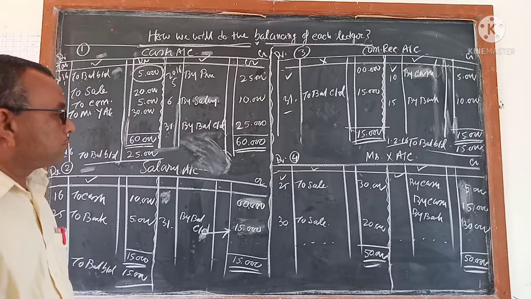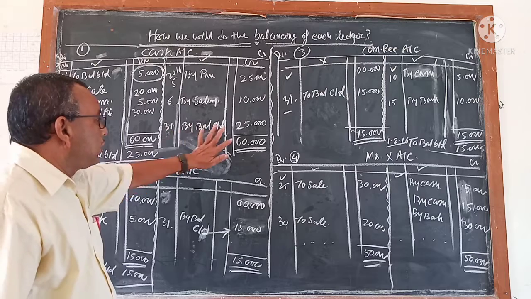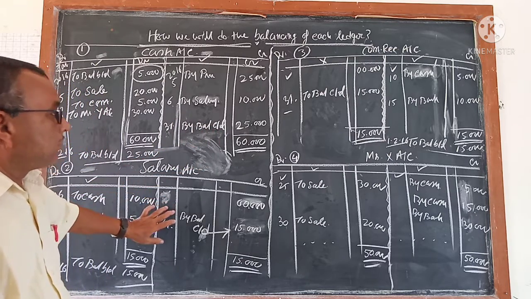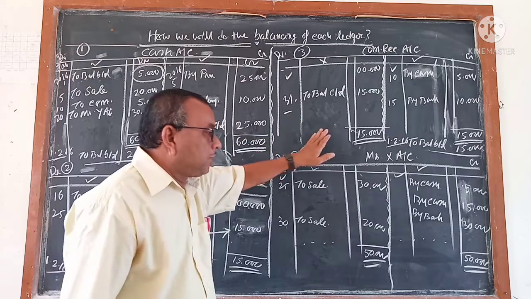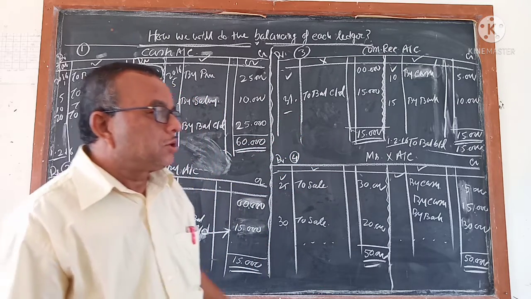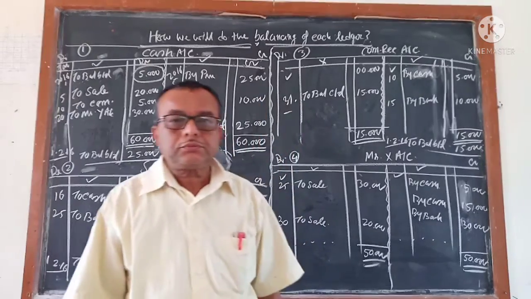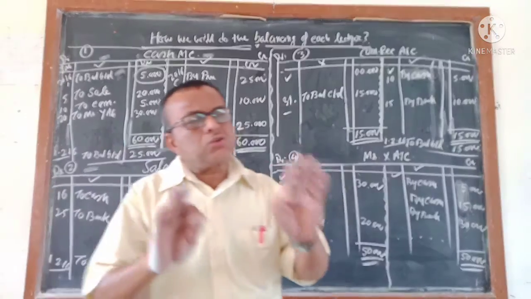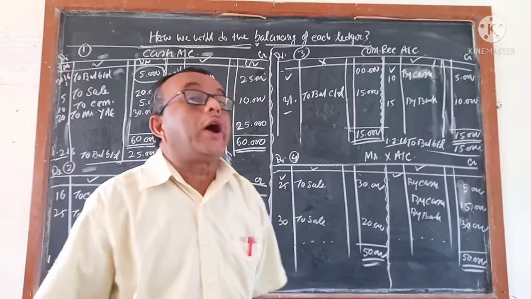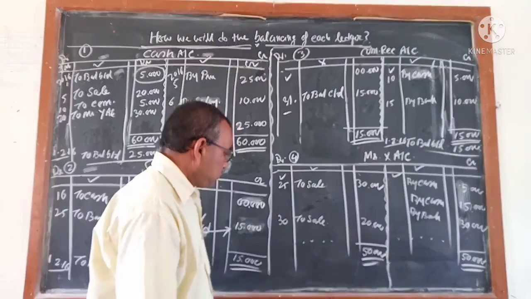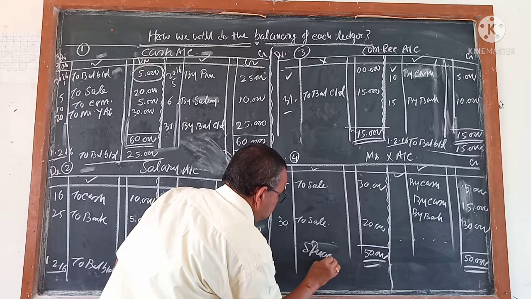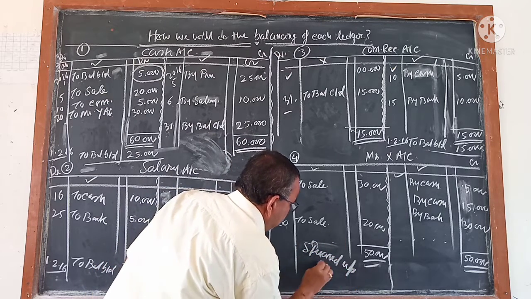So once again, find out: here both the sides' totals are not equal, so we made the balancing, this is also balancing, here also we have done the balancing. This is not possible to find out the balance because both the sides' totals are equal. If both the sides' totals of any ledger are equal, that is called a squared up account.